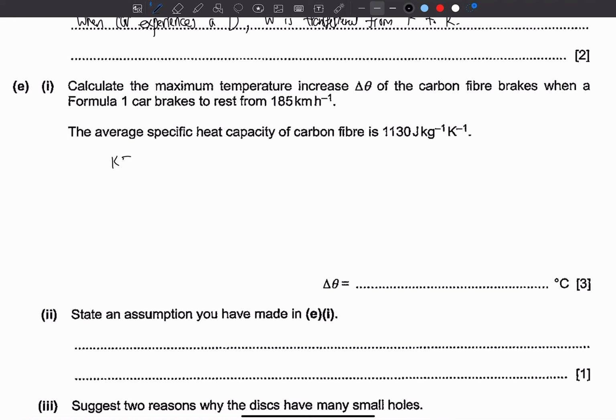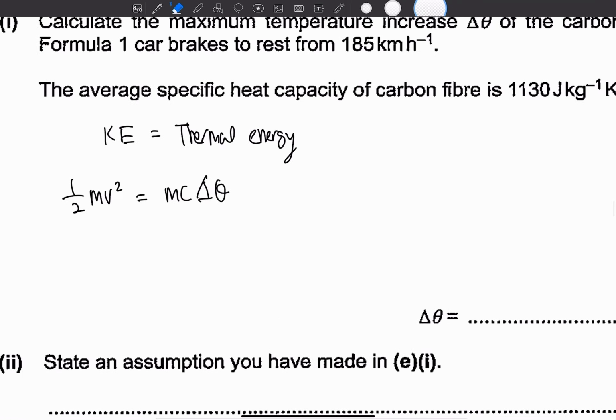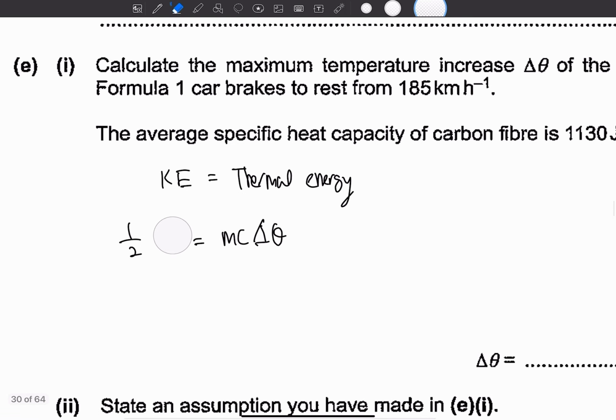So KE equals thermal energy: half mv squared equals mc delta theta. Do take note, there is a slight difference between the m's. This is m of the car, this is m of the brakes.